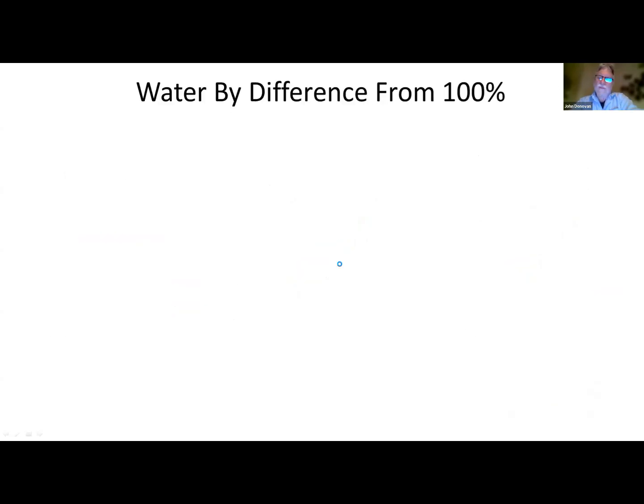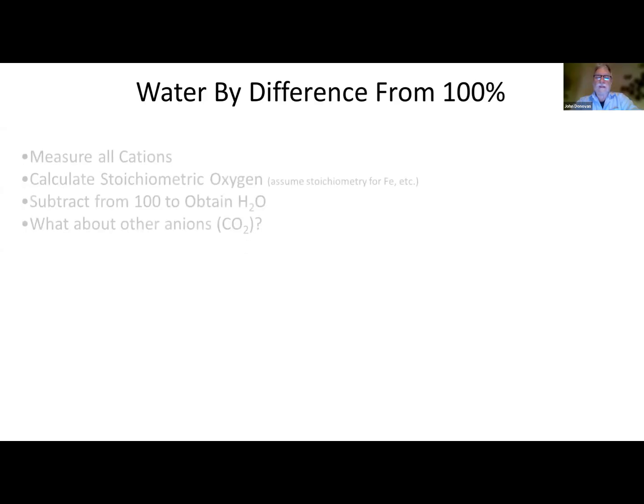So the other way to do it, which Ari discussed, was we can just subtract it from 100%. But there is a very important consideration: we do not want to calculate this water by difference after the fact in our Excel spreadsheet. We have to do it during the matrix correction, because that water has, in certain circumstances, a fairly large effect on the matrix.